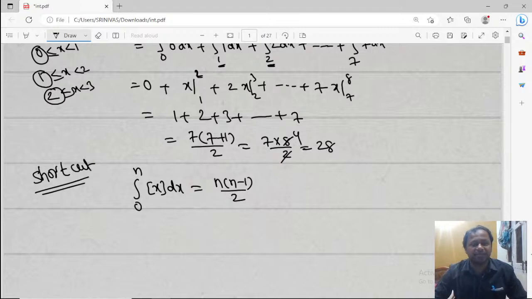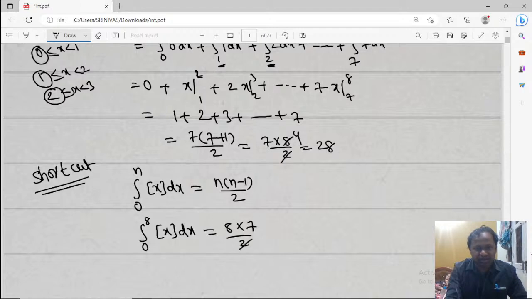This is the formula. So in the question what was given? 0 to 8 greatest integer function of x dx, that is nothing but 8 into 7 divided by 2, 7 4s are 28. Direct answer. Okay. So this is a shortcut method.